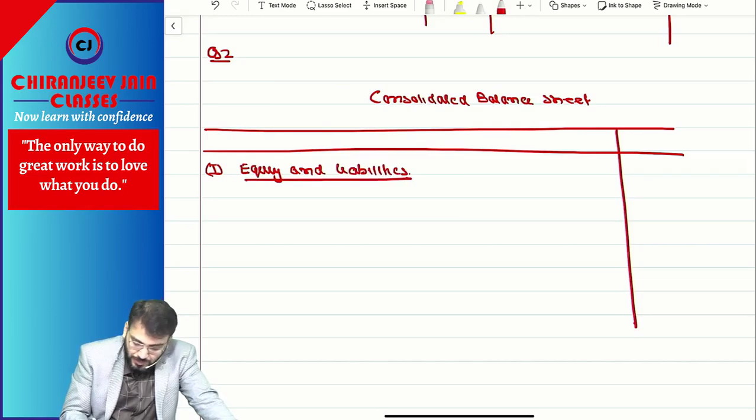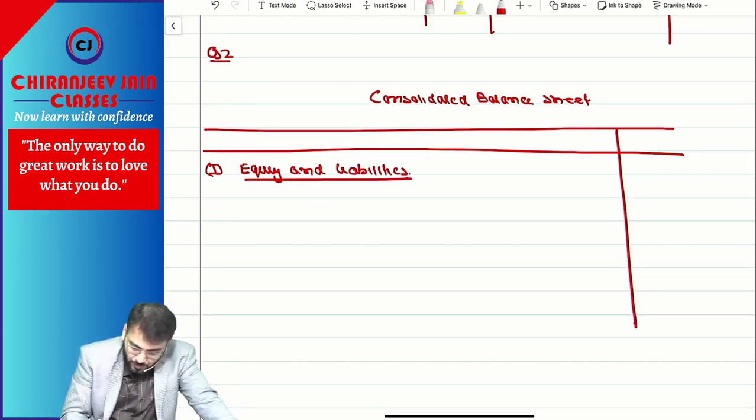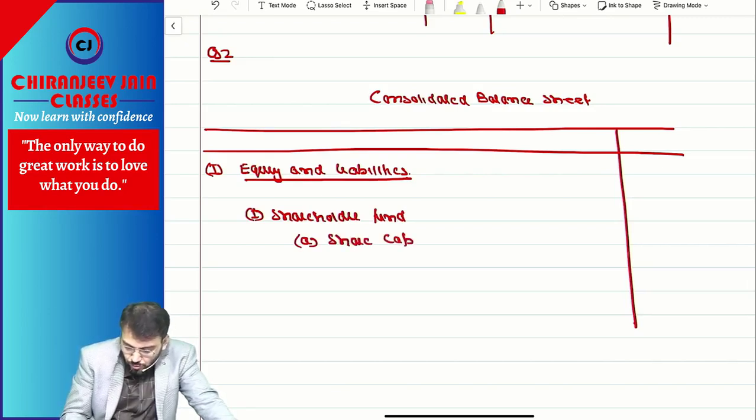Correct. Then after this, what do we write? First we write shareholders' funds. Under this, we write share capital. Have they given share capital? No. Have they given any liability? No.